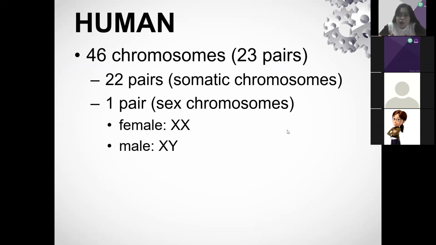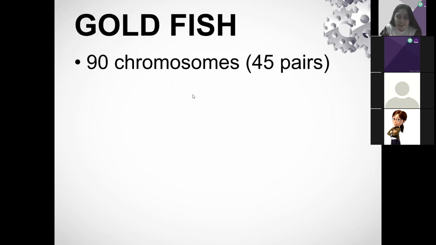And if we're going to look at the sex chromosomes, the female will always have the X and X. XX chromosomes. So pag babae ka, you will have this XX chromosomes. This will determine our sex, ha? And then yung male will have the XY chromosomes. So 22 will be for the somatic chromosomes. One pair will determine our sex.